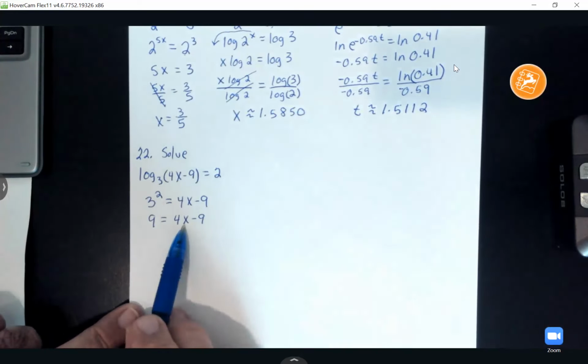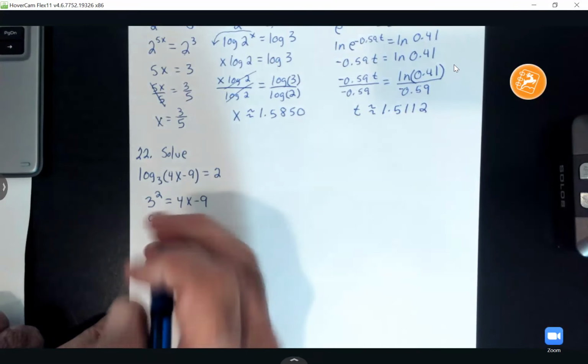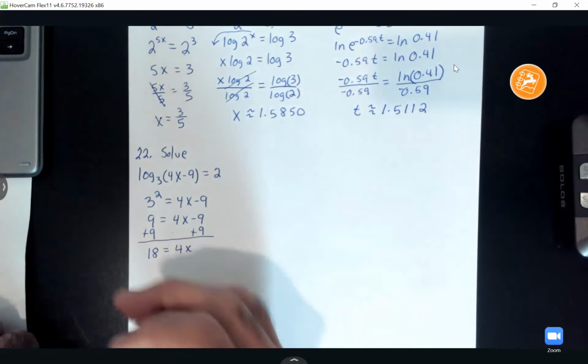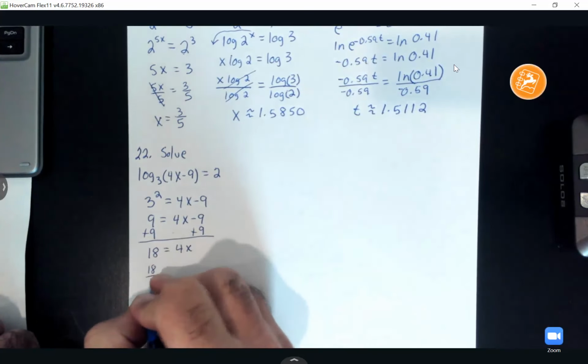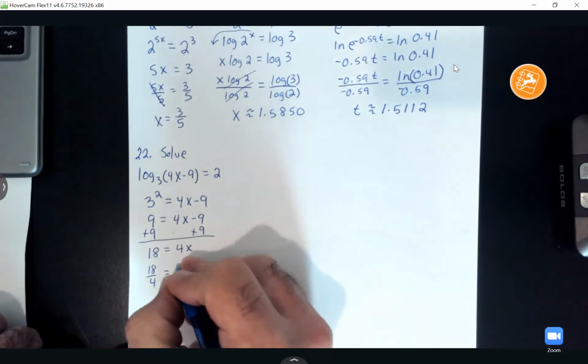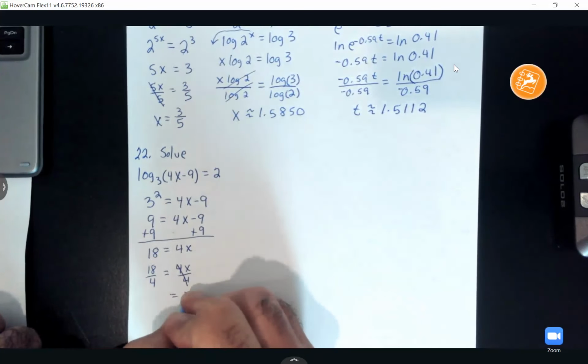All right, so to solve that, y'all, I'm going to add 9 to both sides to get the 4x by itself. So I got 18 equal to our 4x. Then I'm going to divide both sides by 4.